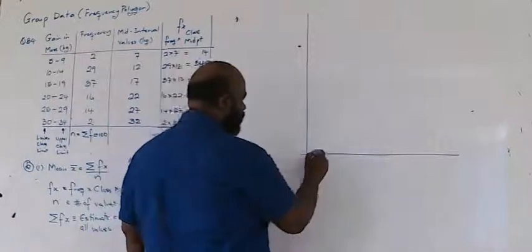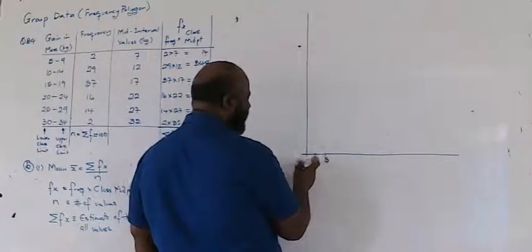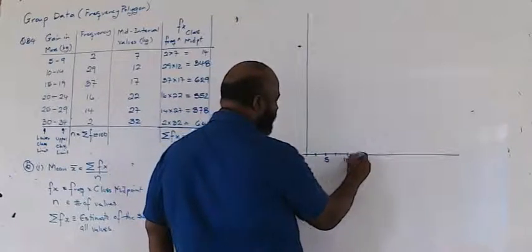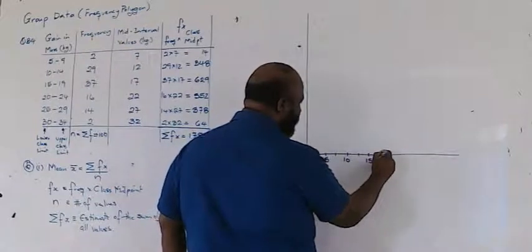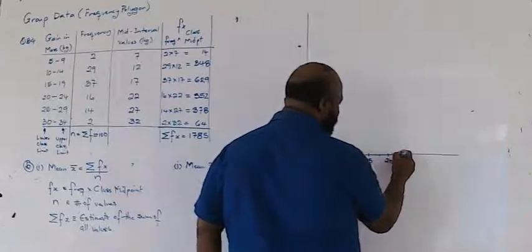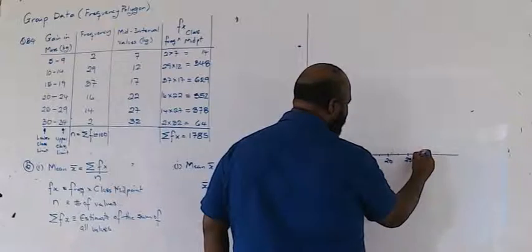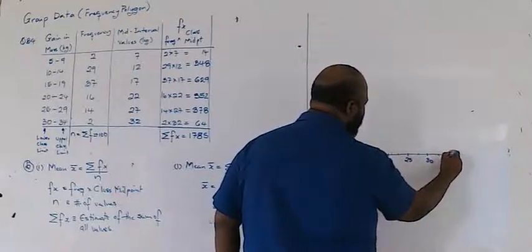So it's 5. 1 centimeter, 2 centimeter, 5. 10. 15. 20. 25. 30. 35.